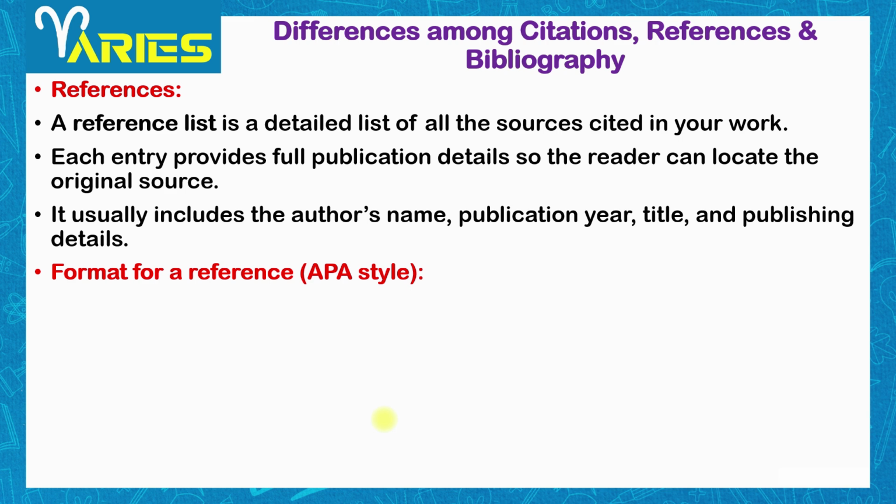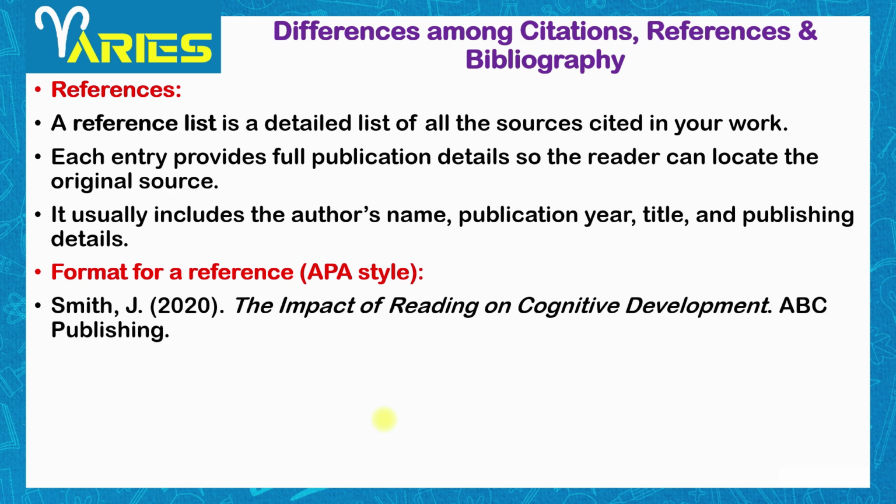Now this is the format of a reference. Here I have given the APA style of referencing. The reference is this: Smith, then a comma, then J, the initial of that person, and then a dot, and then the year of publication, 2020, which would appear in brackets, then a full stop, then the title of the research paper.